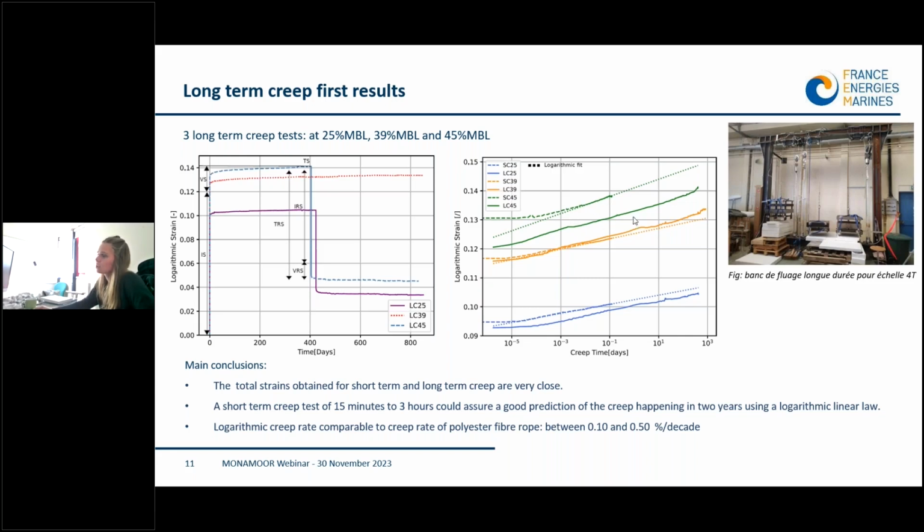This shows that the polyamides show a logarithmic linear behavior for creep, and we can use a simple logarithmic fit to predict a long-term creep of 2 years using only, for example, a 3-hour creep test. And the speed, the kinetics of the creep, are not critical at all for the mooring application. So this study helps validating the use of polyamide subgroups for mooring lines without critical creep behavior.